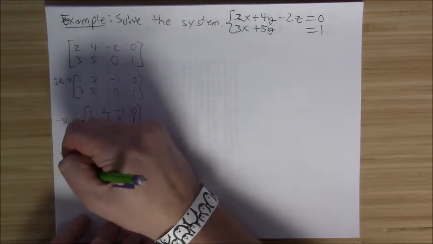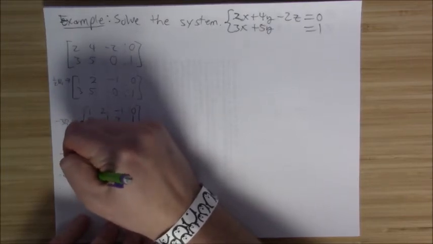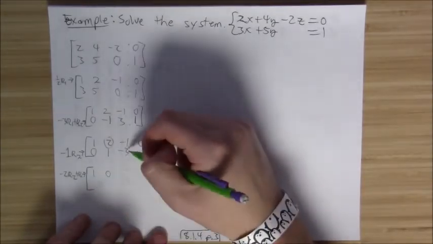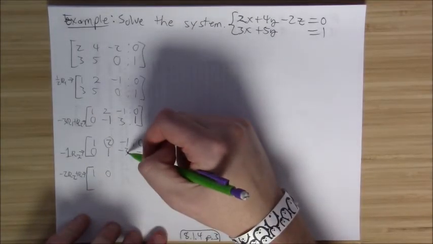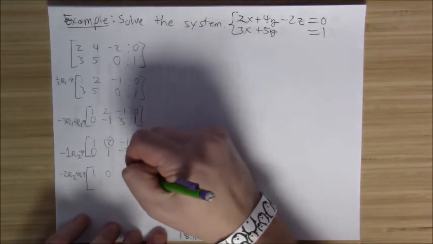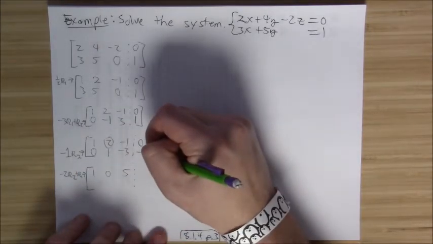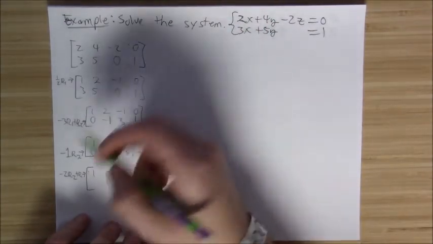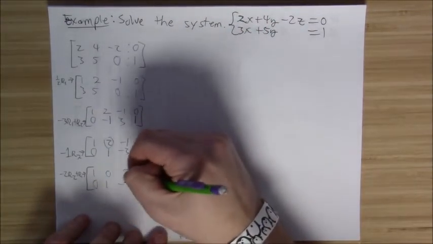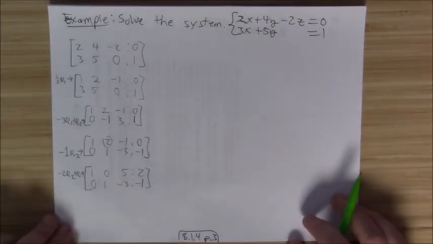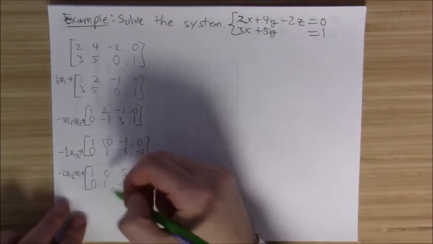So -2 row 2 added to row 1 to get a new top row, which will give us 1, 0. -2 times -3 is +6, so plus -1 is +5. -2 times -1 is +2, so I'll get a 2 up there, added to 0, and then this stays the same. Now we have this in reduced row echelon form, which means we can read this off.